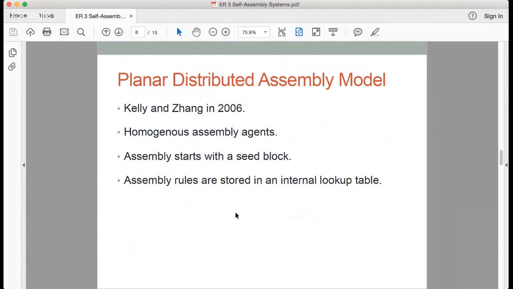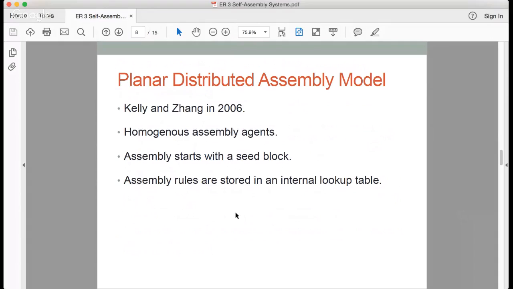It was proposed by Kelly and Zhang in 2006. In this system, homogeneous assembly agents or modules move randomly and asynchronously on a 2D grid of cells, attaching square blocks together to form a target structure, such that an agent can fit within one cell.